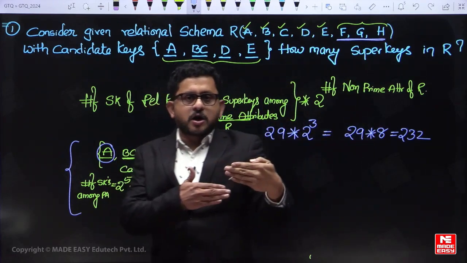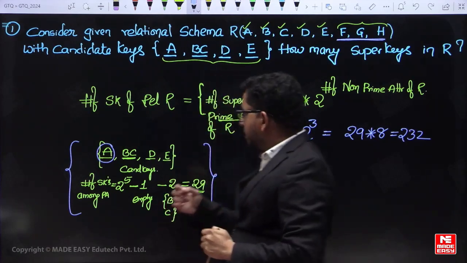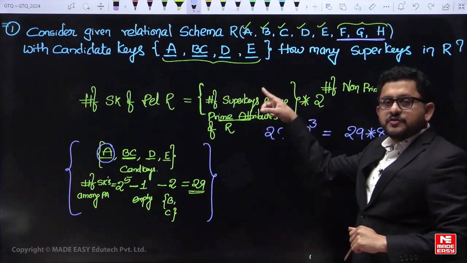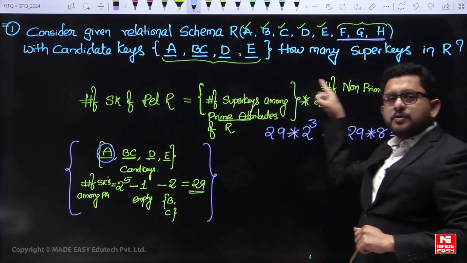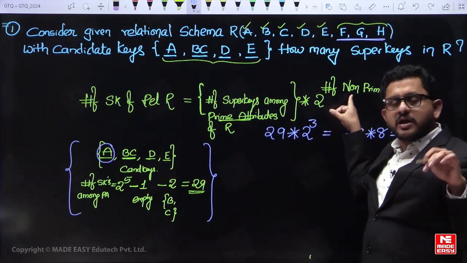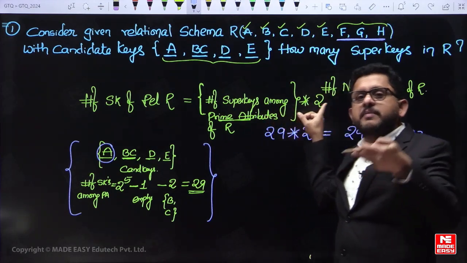If you add 0 or more other attributes, it remains a super key. So for each super key among the prime attributes, you can add 0 or more non-prime attributes, and that attribute set remains a super key.